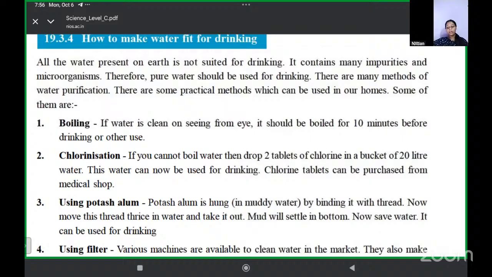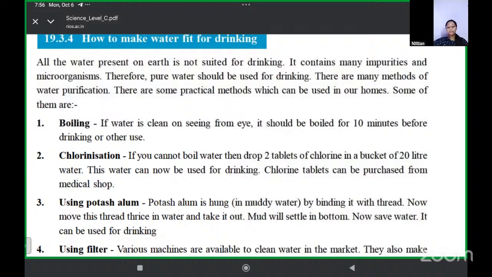If you cannot boil water, then drop 2 tablets of chlorine in a bucket of 20-liter water. This water can now be used for drinking. Chlorine is also an agent which purifies water. That is, 1 tablet of chlorine in 10 liters of water. That is the quantity.